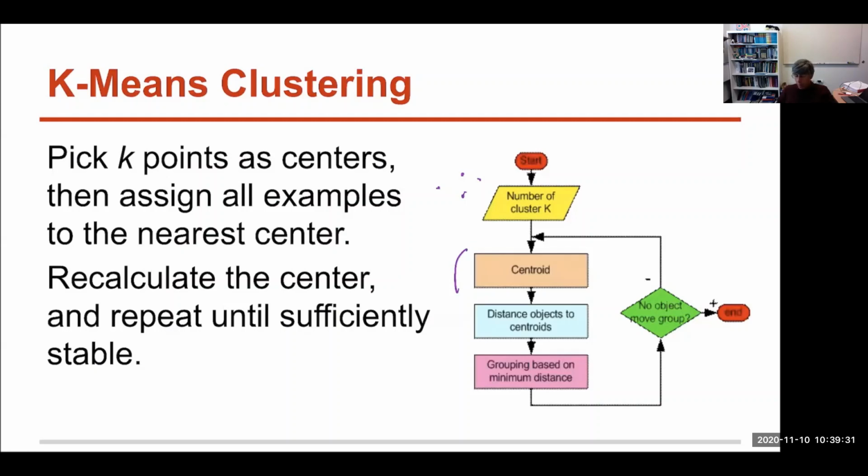That's going to give us a point that represents the elements in its cluster. And then once we have the centroids that represent the centers of our clusters, we're going to take every other point and assign it to the cluster associated with the centroid to which it is nearest.